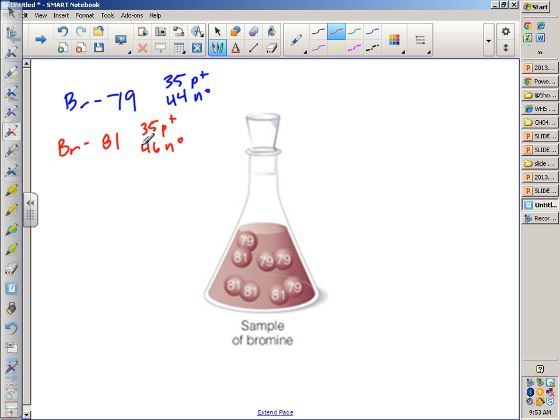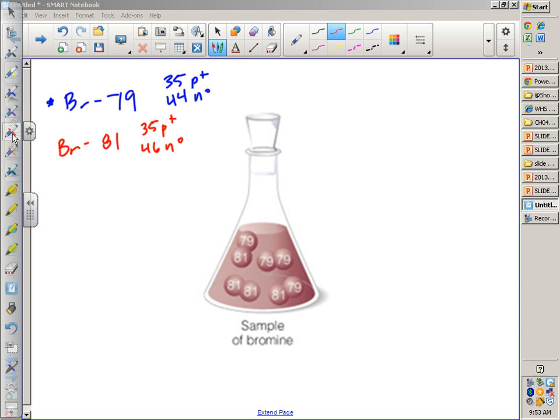What we find out is that this random sample of 8 atoms of bromine is actually pretty representative of what bromine is like out there in nature. About half of the bromine atoms that we find out there in nature are bromine 79 atoms. They contain 35 protons and 44 neutrons.